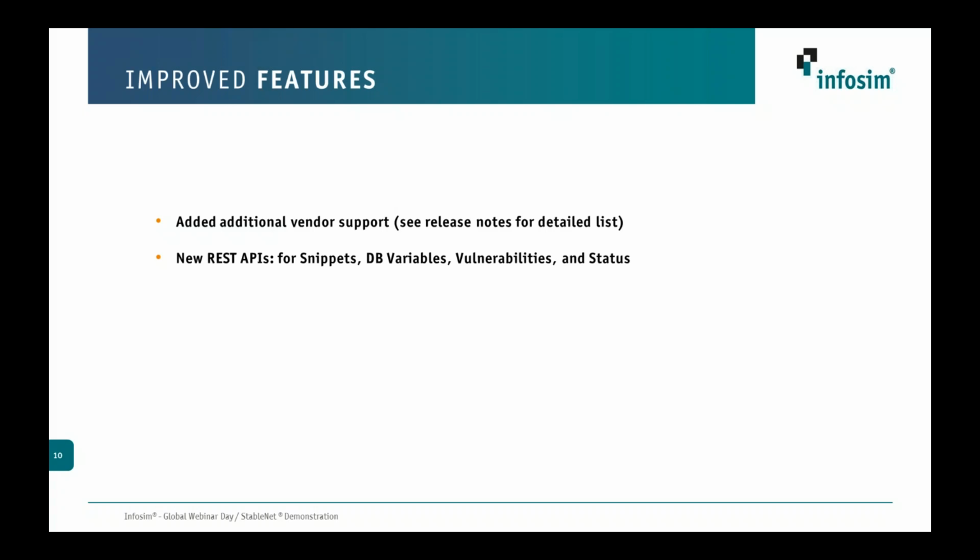We have now also extended the REST API. We now have REST API for snippets, DB variables, vulnerabilities, and the status. The display name for elements in the tag tree can now be defined. In the past, if you had an element, for example a device, there was always the device name displayed in the tag tree.